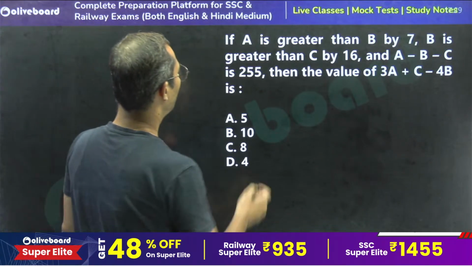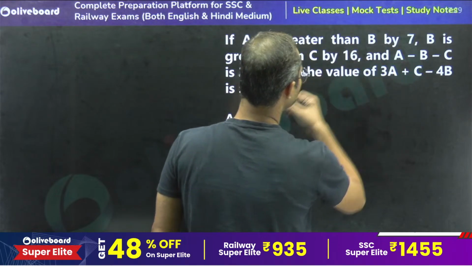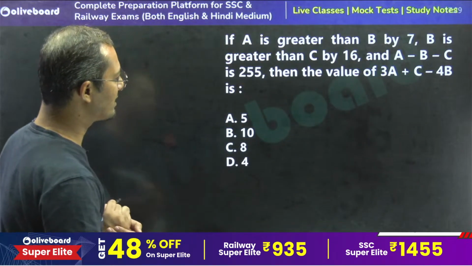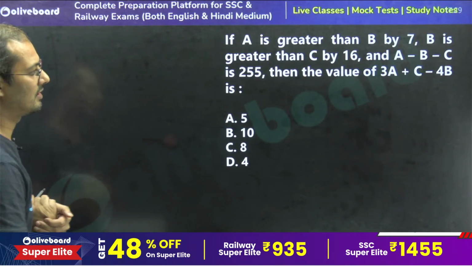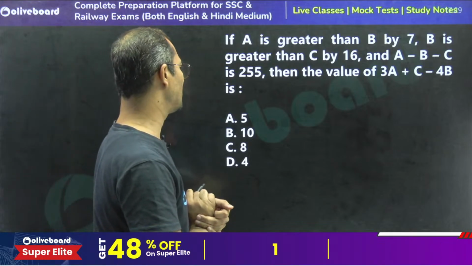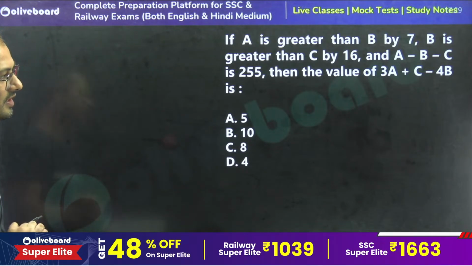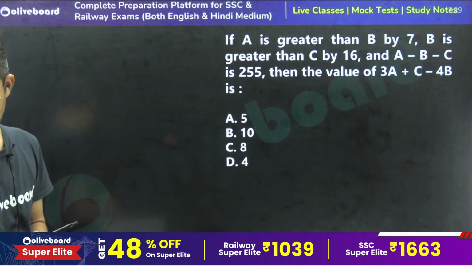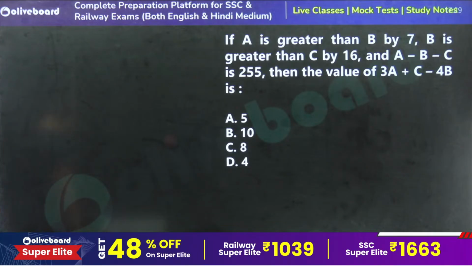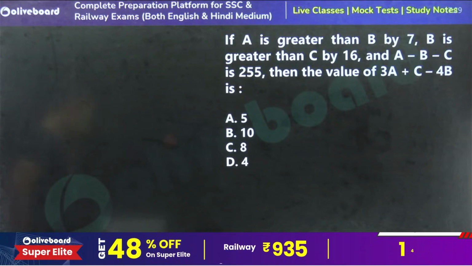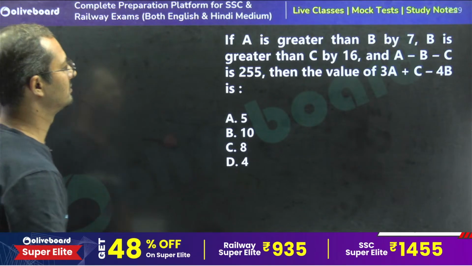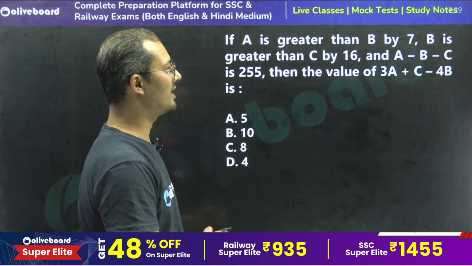See, if A is greater than B by 7 and B is greater than C by 16 and A minus B minus C is equal to 255, then what is the value of 3A plus C minus 4B? Yes, please tell me what is the answer of this question.